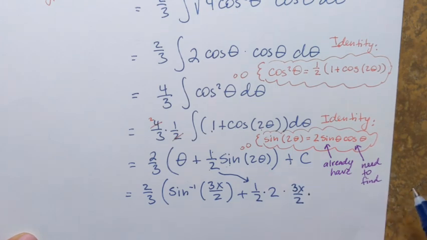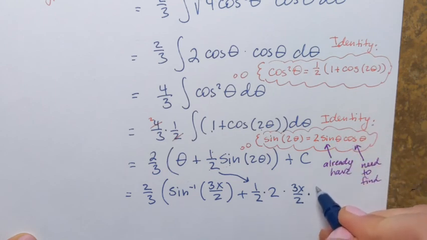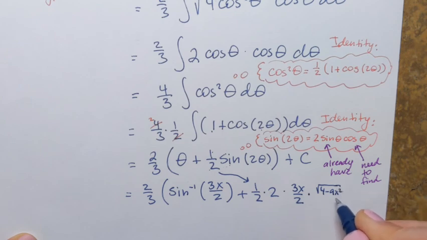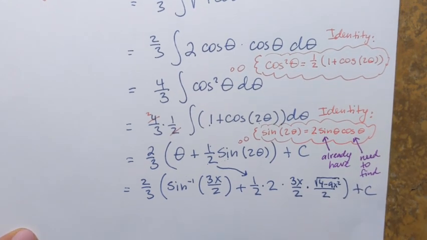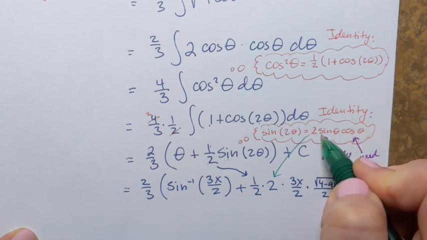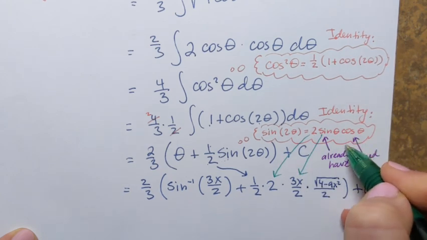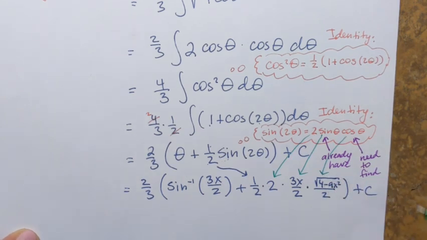And then times cosine of theta, which we just found: square root of 4 minus 9x squared over 2. Then I close the parentheses, plus c. So that's 2 from here, sine from here, and then cosine from that part of the formula.